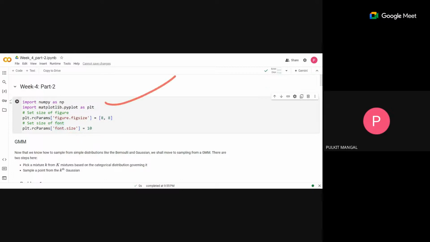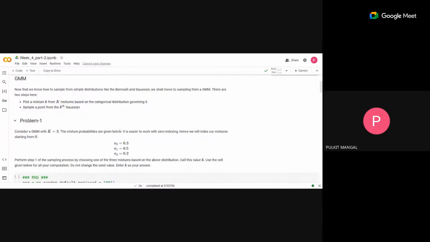Just simple importing. So let's move towards the question. We will understand the GMM. In the previous part, we saw sampling from simple distributions like Bernoulli and normal. Now we will move towards the GMM part.